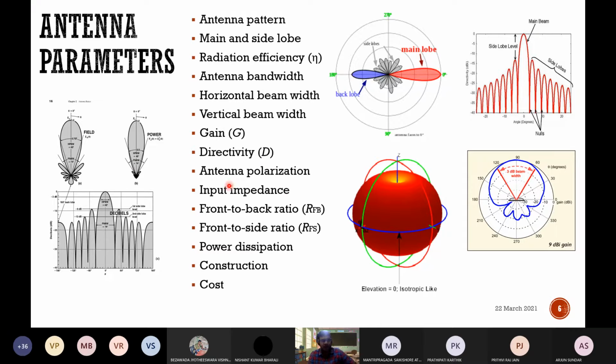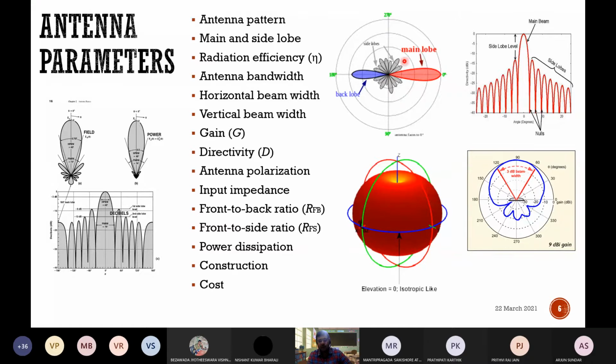Then there are directional antennas. All antennas except the isotropic are directional, and their power is radiated only in a few directions. Almost all antennas have one main lobe, the main direction in which they want their energy to go, or at the receiving end, the direction from which the antenna wants to receive.